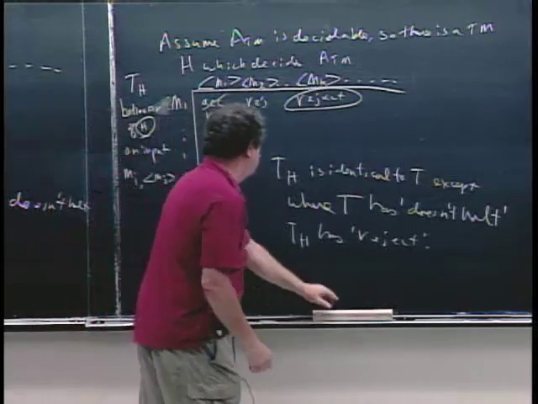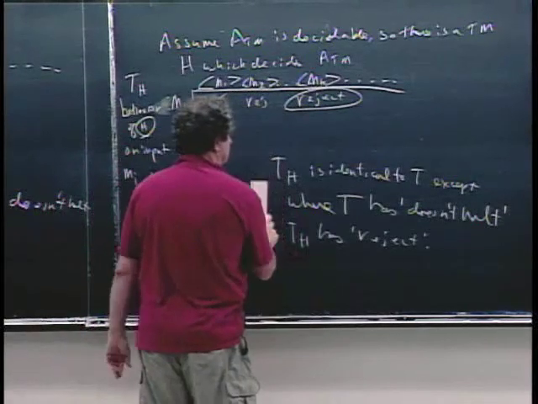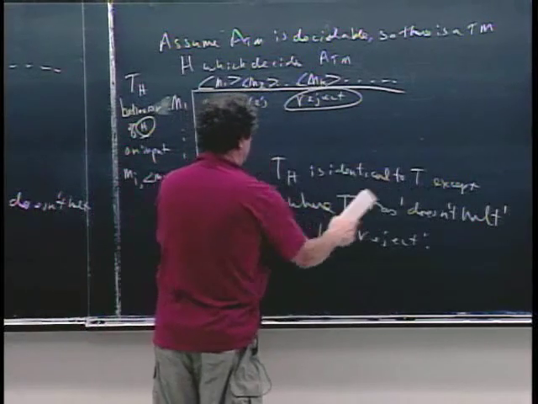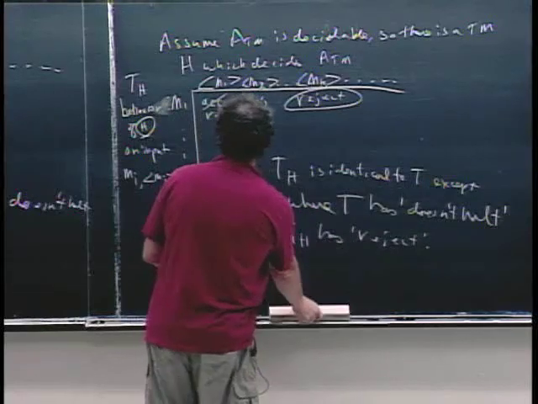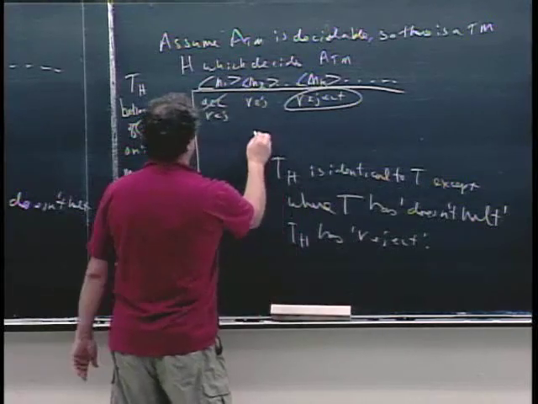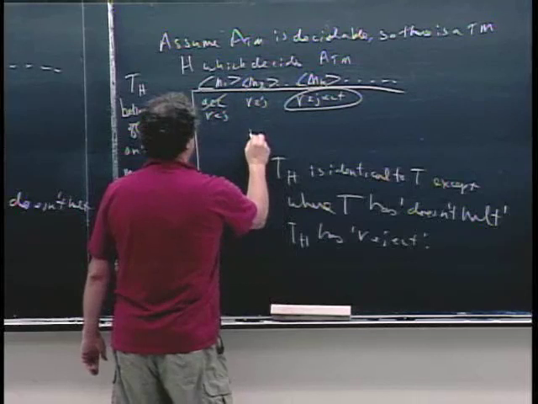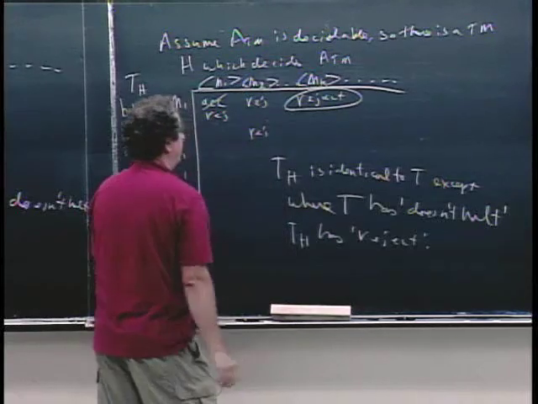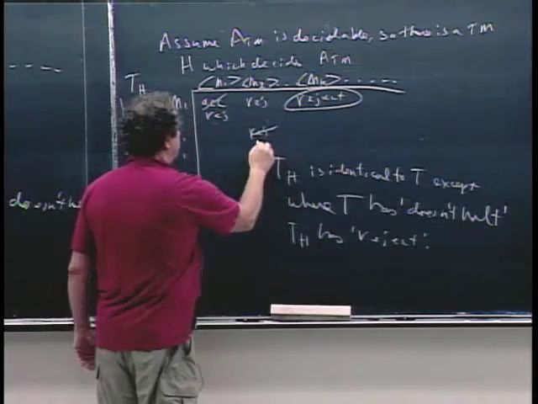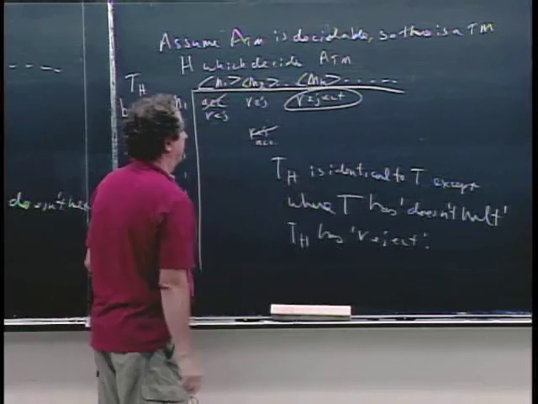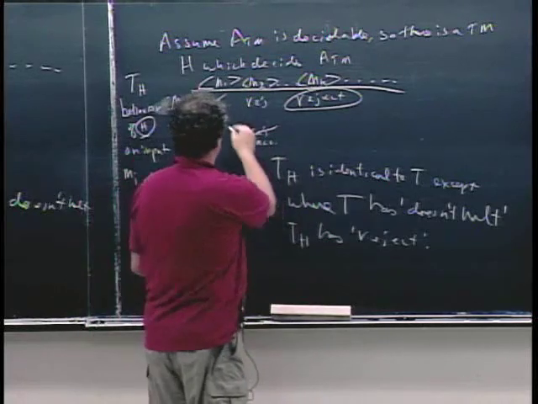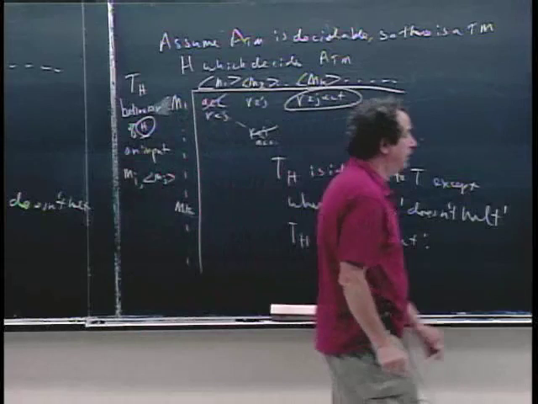Okay? Let me just do another one down here. Let's say the next one here along the diagonal was a reject. Okay? Then what D will do is accept, and so on, all the way down the diagonal. Okay?